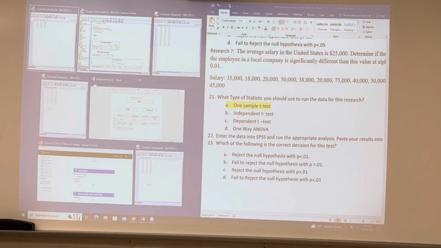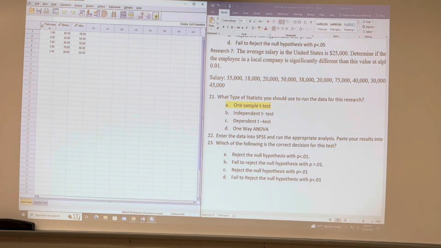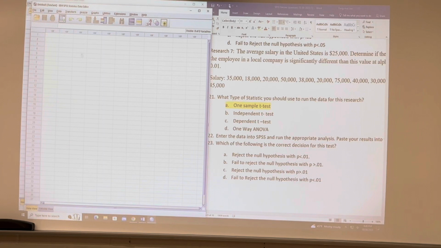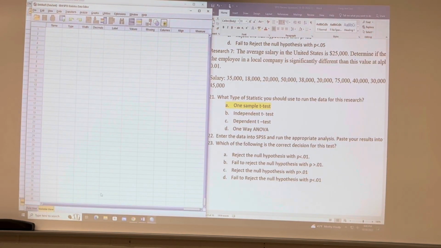So we have to go new. Okay, set up post salary. Okay, and this will be scale. Oh, they don't like my salary. Why? It's SALARY. Okay.